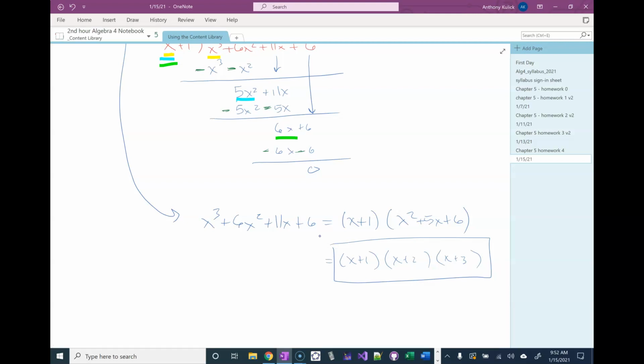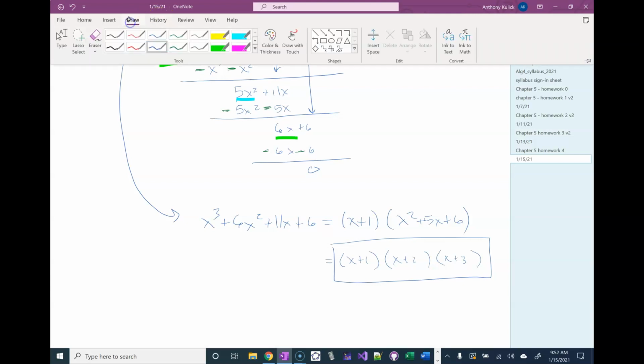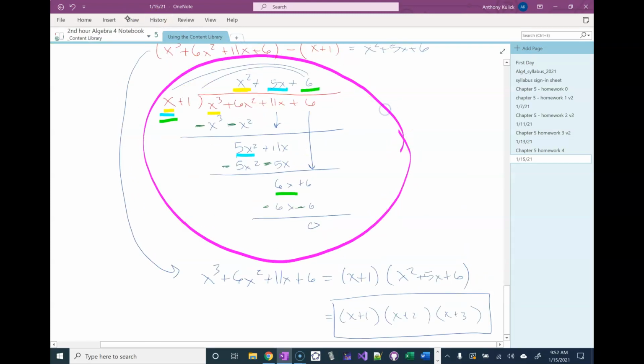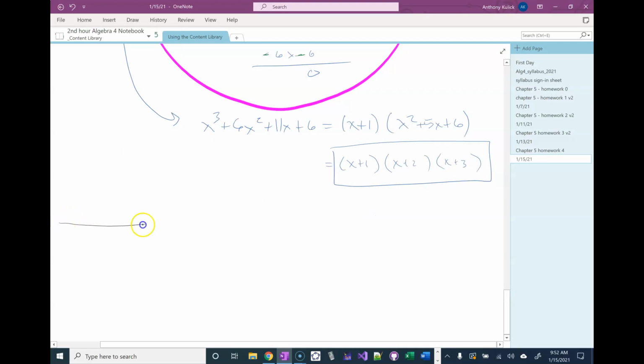So what's the main drawback here on this method? That this polynomial division process is just kind of tedious and time consuming and space consuming, right? What if we add a shortcut to that? Some cases we do, which is awesome.